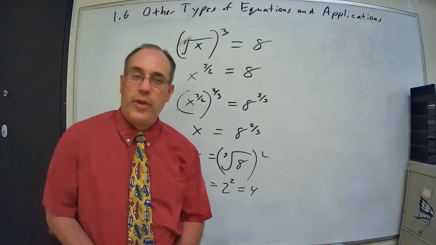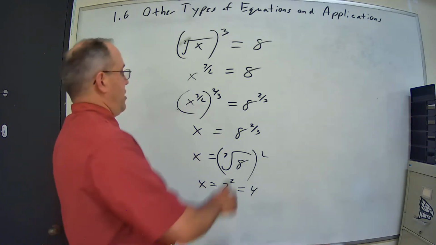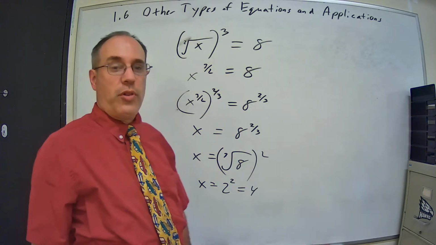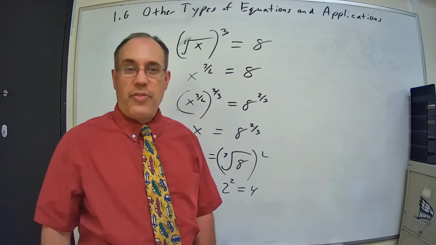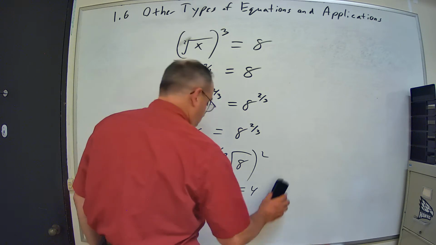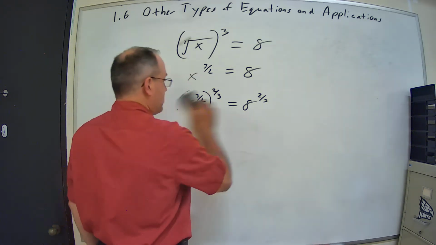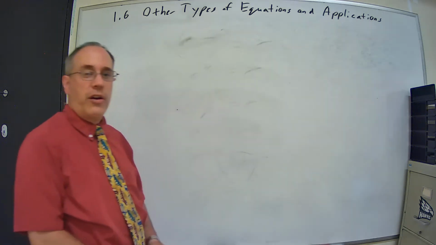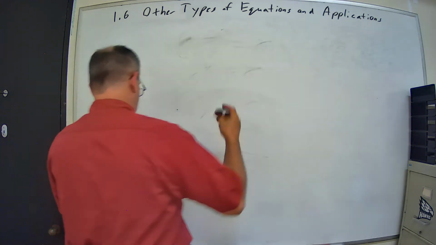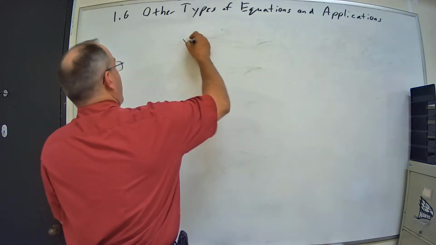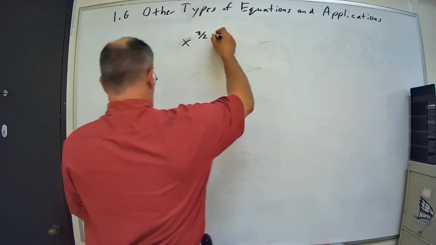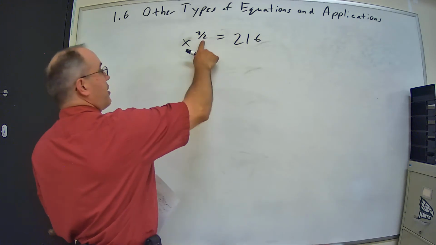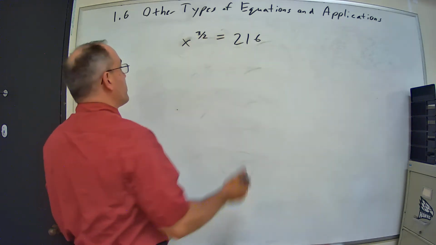So that's a way that we can do this, just raise it to the reciprocal of the power, and it wipes out that power. So let's do a couple examples with this, just to make sure we're sure what's happening. So if I have x to the 3/2 is equal to 216, I'm just going to look at that power and raise it to the reciprocal.